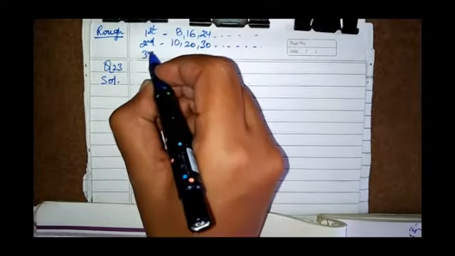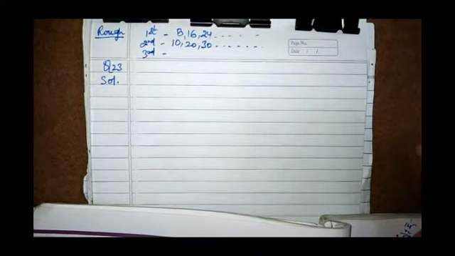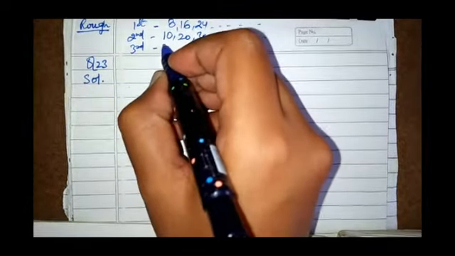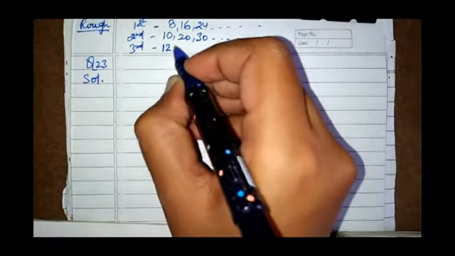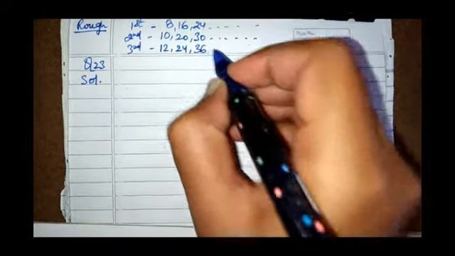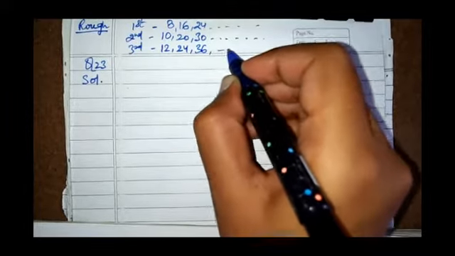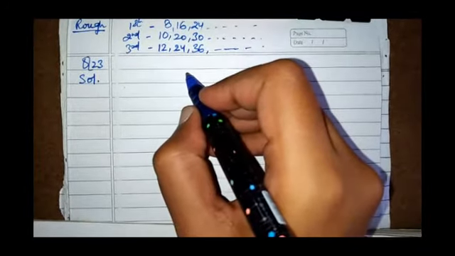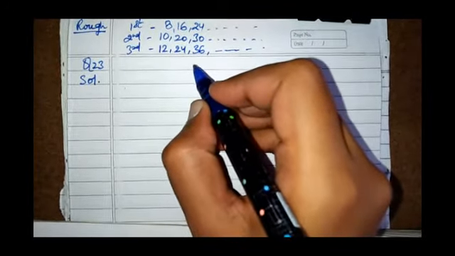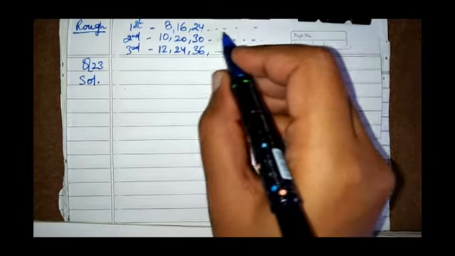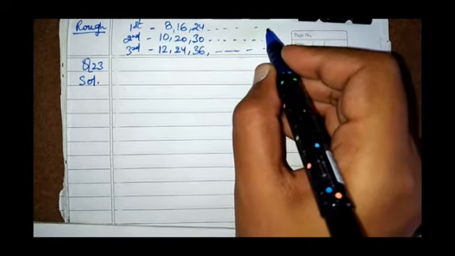Now, the third bell is ringing at the regular interval of 12. That means it will ring at 12 minutes, then at 24 minutes, then 36 minutes, then 48 and so on. So whenever the term regular intervals is used, that means you have to list the multiples of those numbers.